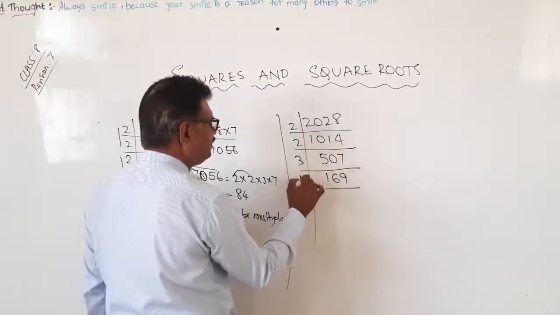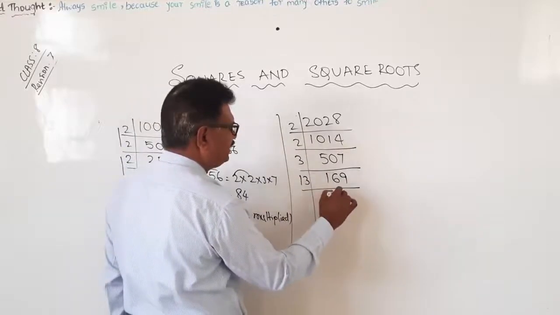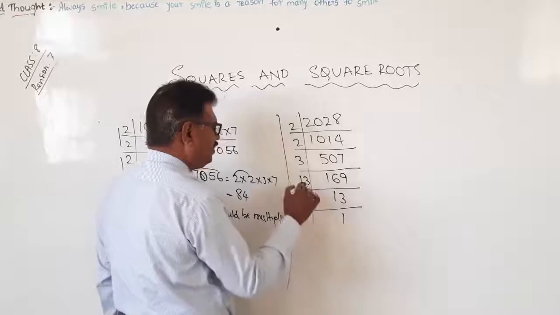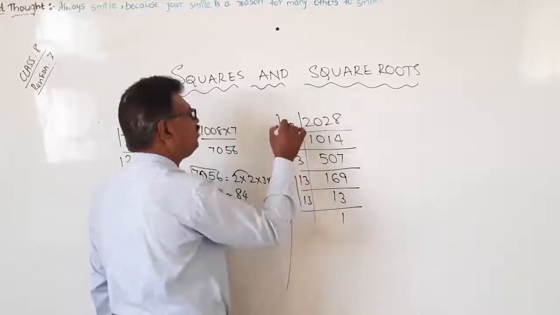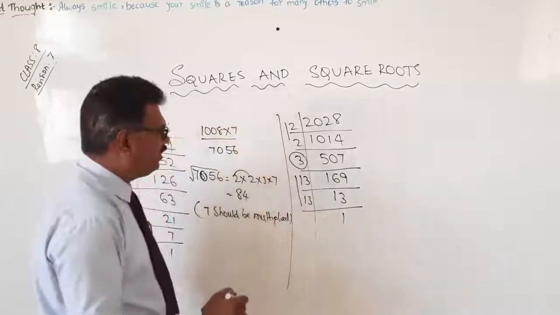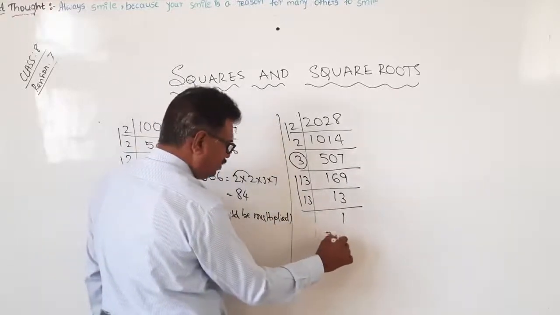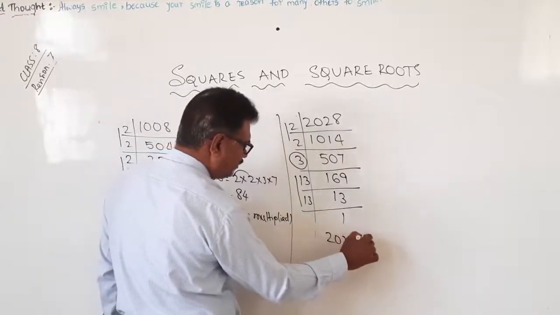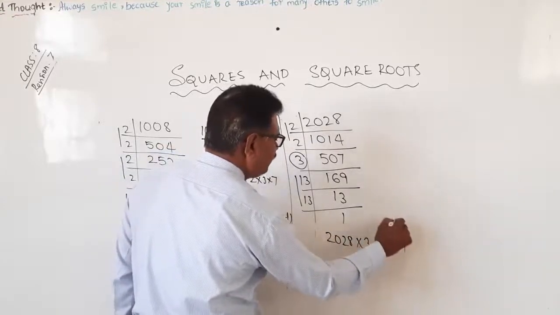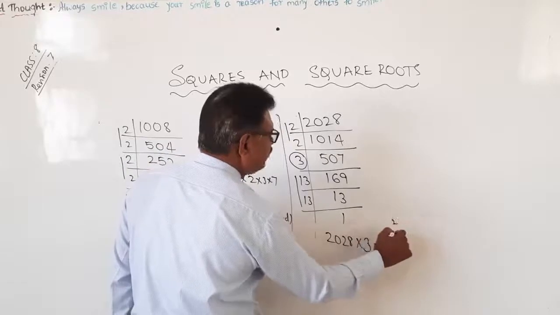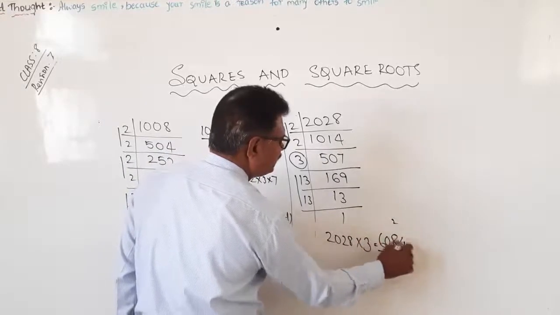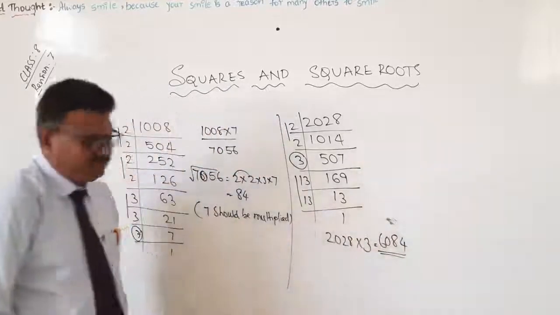Again with 13, 13 into 13. That means what? For 13 a pair is there, for 2 a pair is there, but for 3 there is no pair. Therefore, 2028 must be multiplied with 3. That is 3 into 8 is 24, 3 into 2 is 6, plus 2, 8, 0, 3 into 2 is 6, giving 6084. Okay? Please take down.